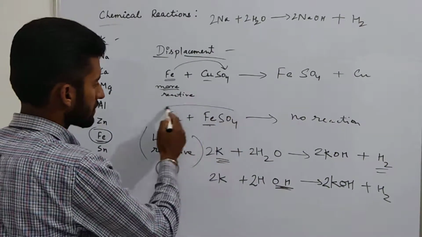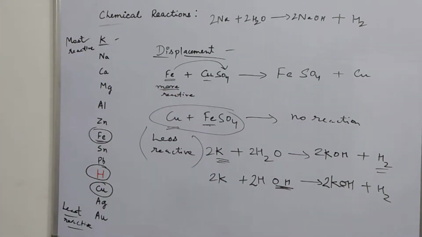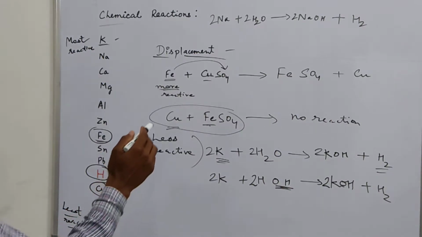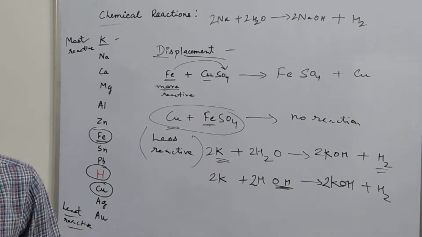Otherwise no reaction takes place, while when a highly reactive metal reacts with a solution of a particular metal, or with any particular acid, then new compounds are formed. Clear? Okay.